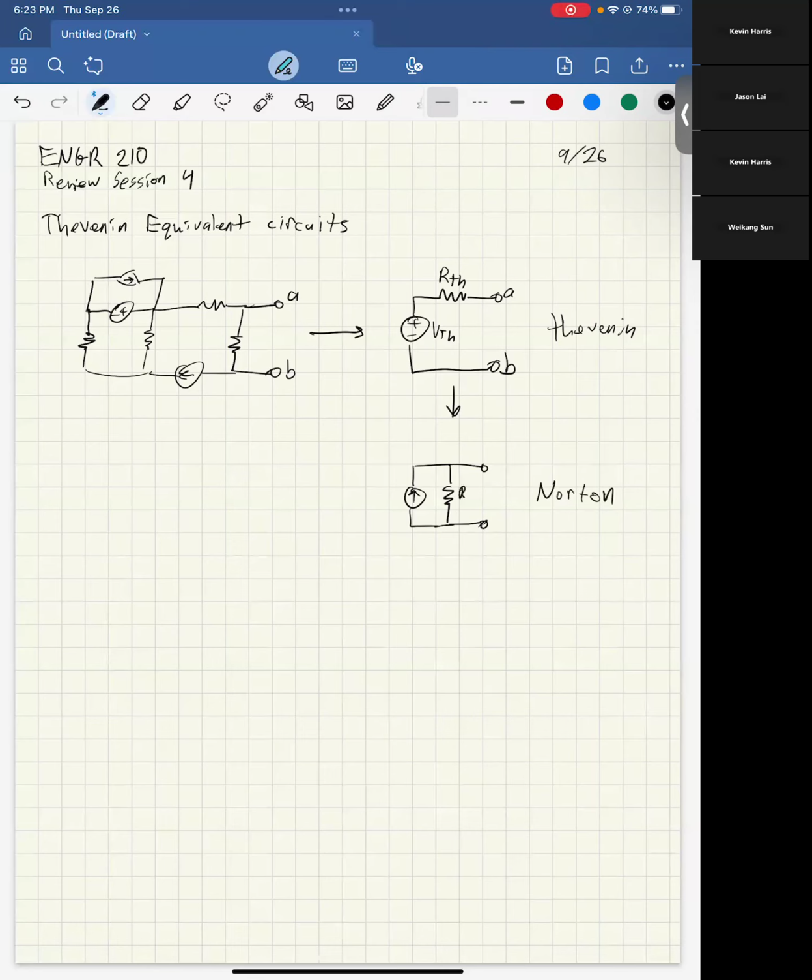This would still be RTH, and I'll say RN for Norton, so RN equals RTH. And IN equals VTH over RTH. I'll do some examples of that later.